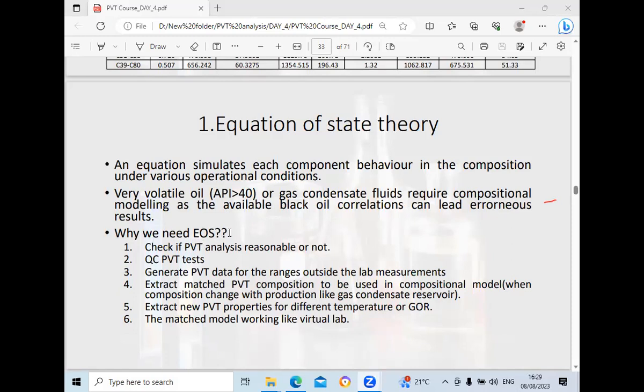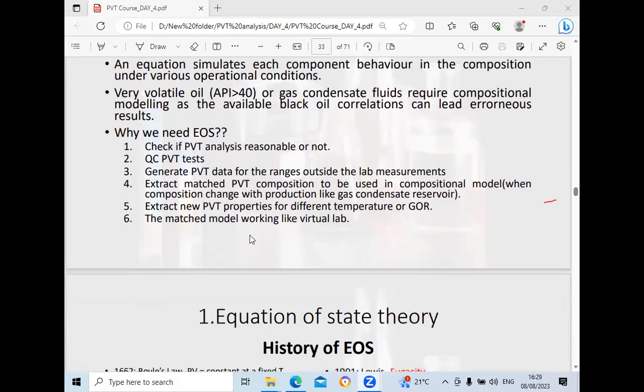Why do we need an equation of state? To check if PVT analyses are reasonable or not. To carry out quality checks on PVT tests. So we should be able to QC our PVT tests after the laboratory analysis to be sure that everything was done properly in the lab.